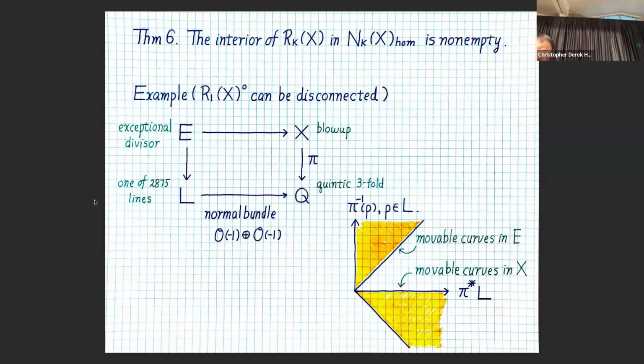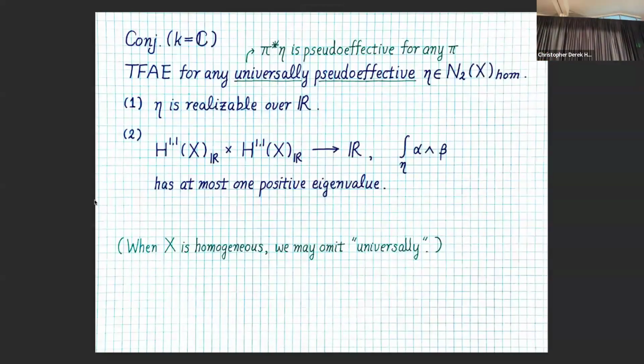So again, it makes sense to ask about the positive realizable classes. And this is our very optimistic conjecture that these classes show a very structured behavior in the case when the cycle has dimension 2.